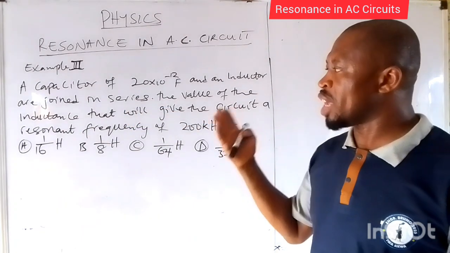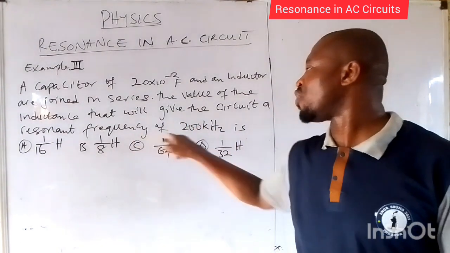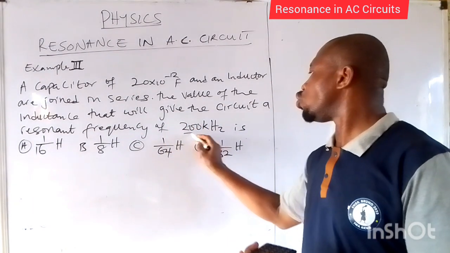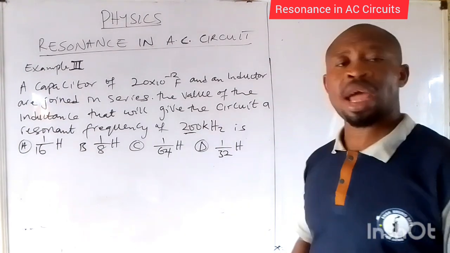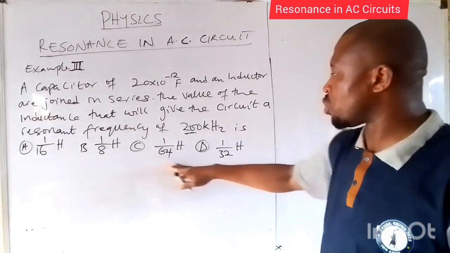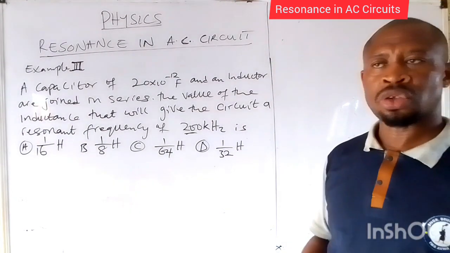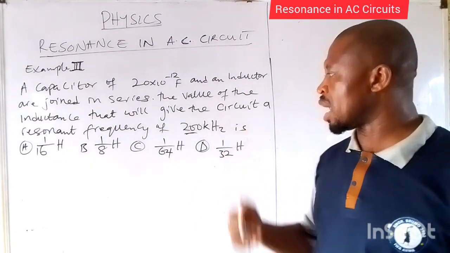The value of the inductor that will give the circuit a resonance frequency of 200 kilohertz is dash. Now, if you look, the options are in fractions. So when options are in fractions, we take them as they are.